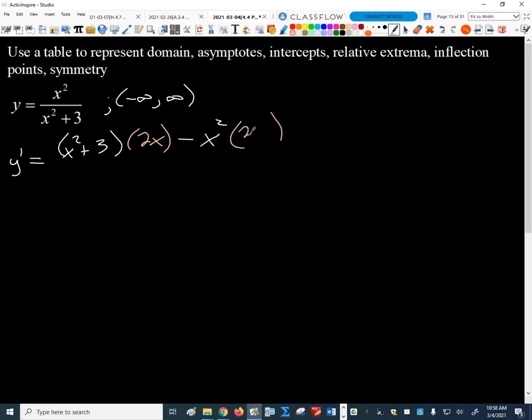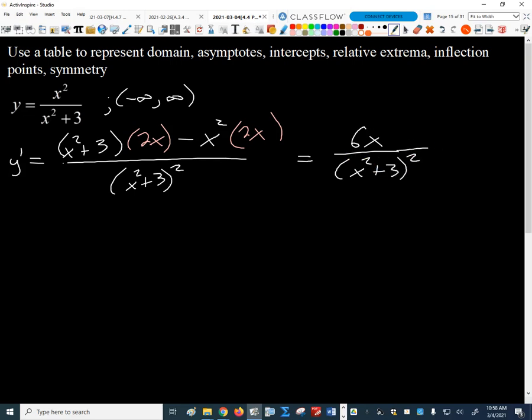Derivative of the bottom would just be my 2x, good. And all divided by the bottom squared. Okay, so if I distribute the 2x, I'm going to get 2x cubed plus 6x minus 2x cubed. So the x cubed terms cancel, and I get 6x over the quantity x squared plus 3 squared.